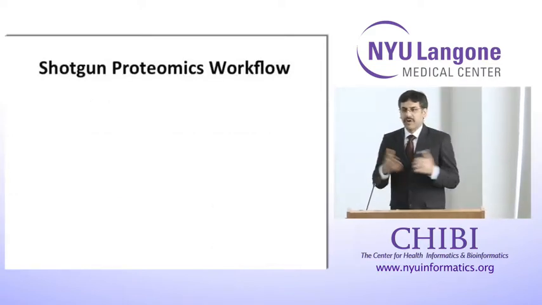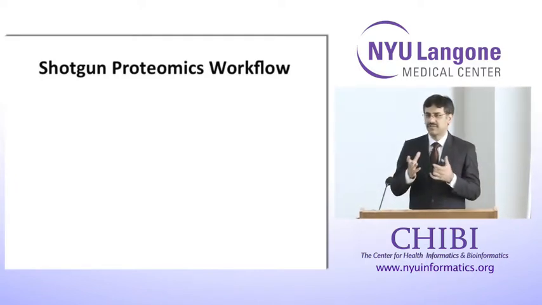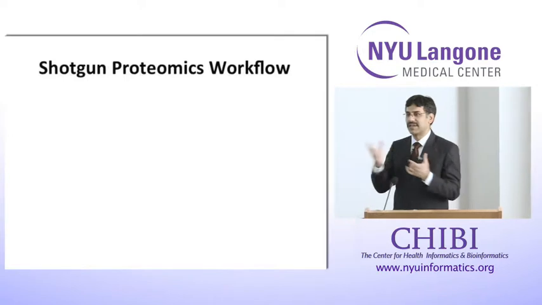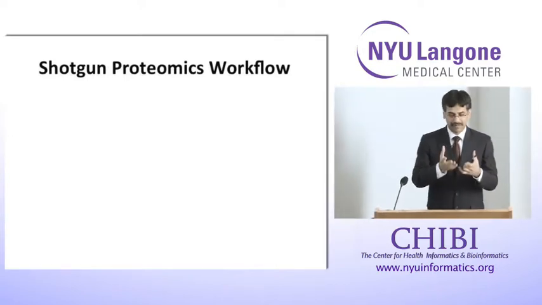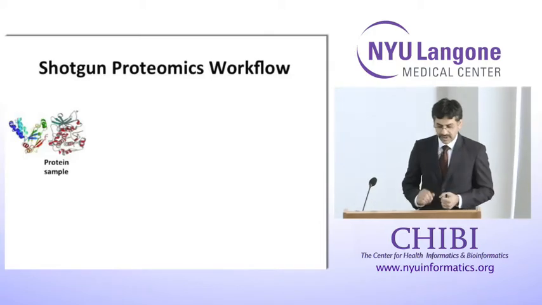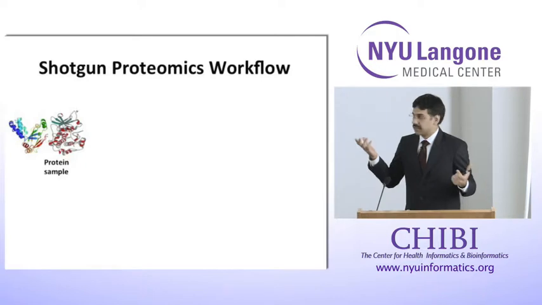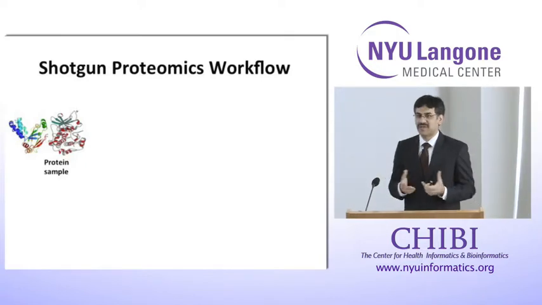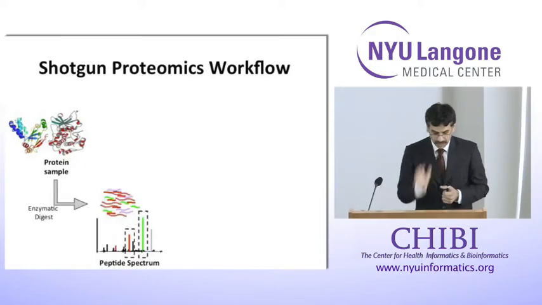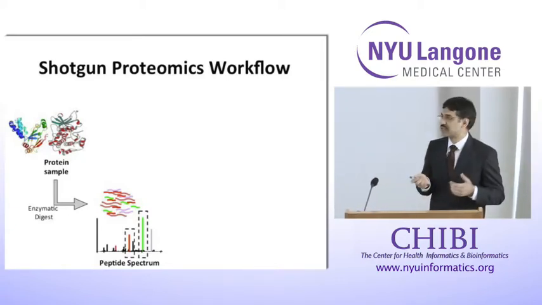Now, when it applies to proteomics, usually protein molecules are quite bulky, and it's not very straightforward to analyze data that comes out of mass spectrometry applied on intact proteins. So the preferred approach typically works this way. We start with a complex mixture of proteins. We digest the proteins into small peptides using some enzyme digestion like trypsin.